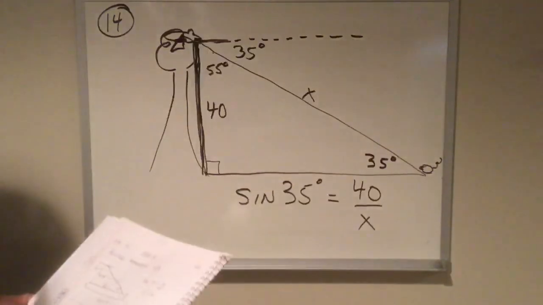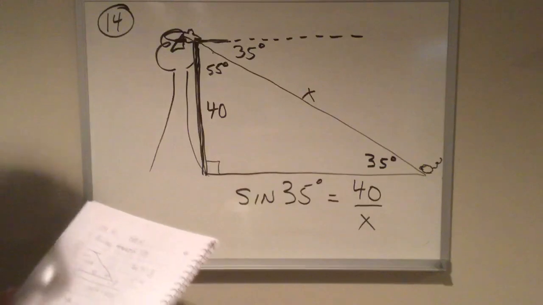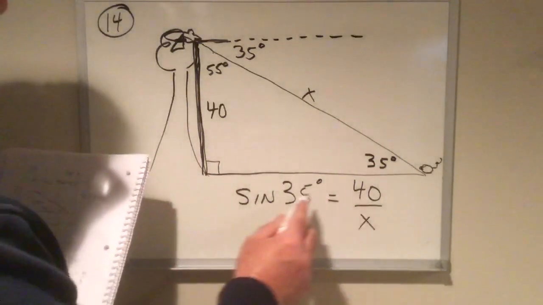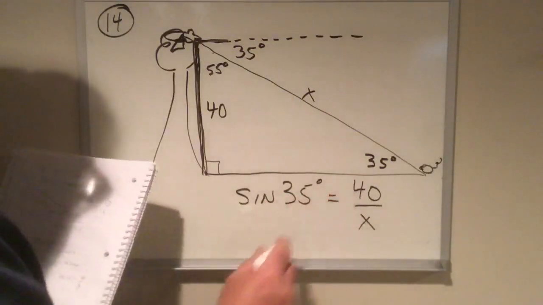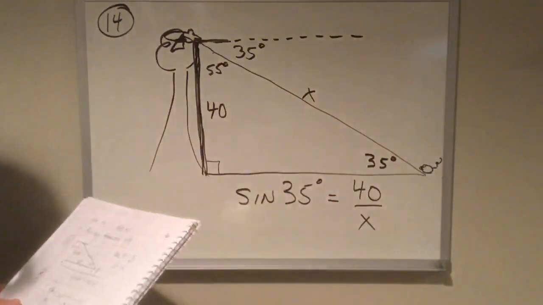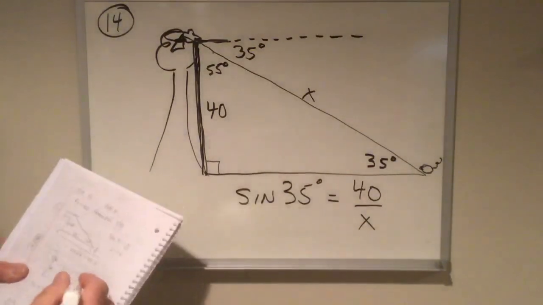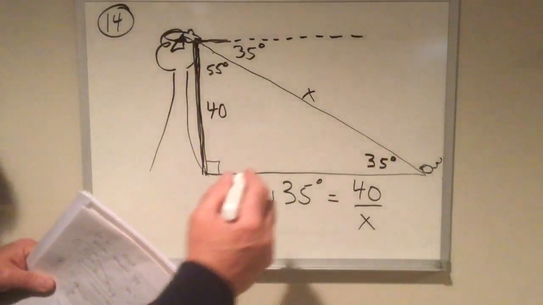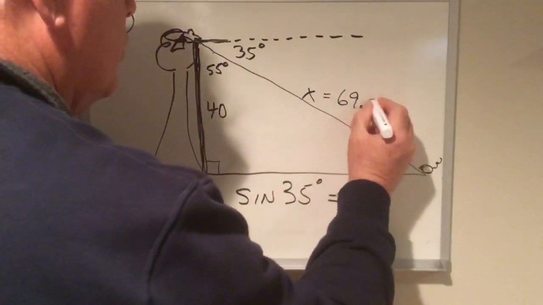Now comes our last step. We've been practicing these. We're going to take the 40, and because the 40 is on top, we're going to take in our calculator 40, and then we're going to hit the division button, and then we're going to hit sine 35. And when you do that, that number comes out to 69.7.